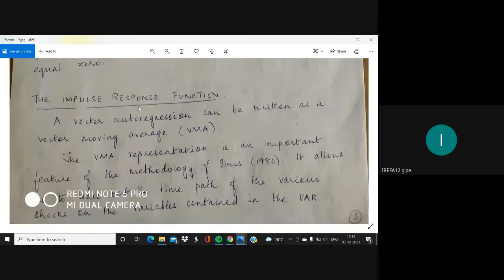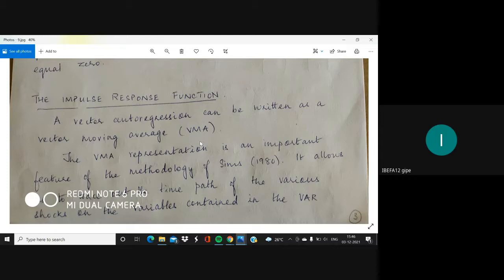In order to actually understand this tool, first we need to rewrite the vector autoregressive model in the form of a vector moving average. Try and recall when we were discussing ARIMA models and solving difference equations, you found that generally your solution to a difference equation expressed a particular variable or time series in the form of its lagged error terms.